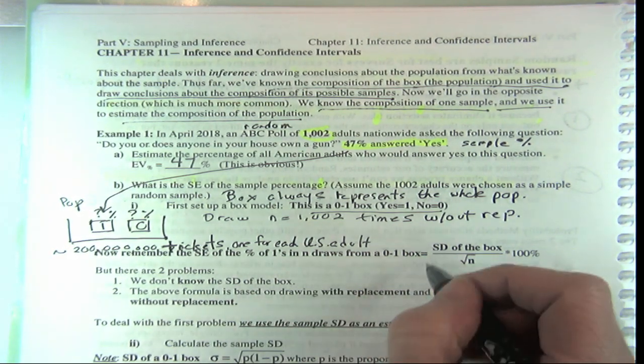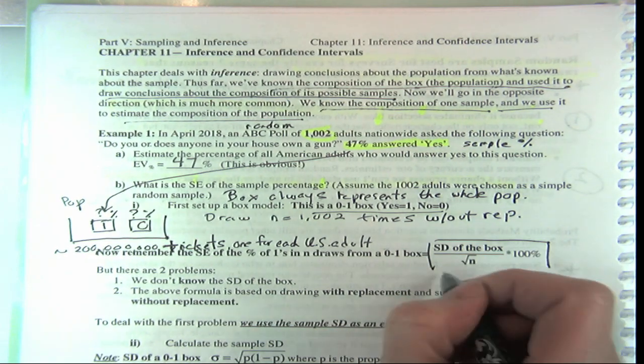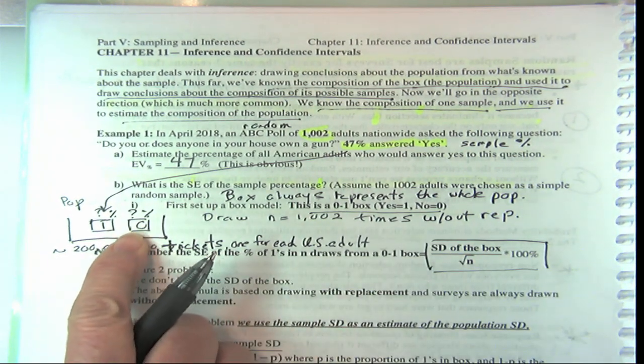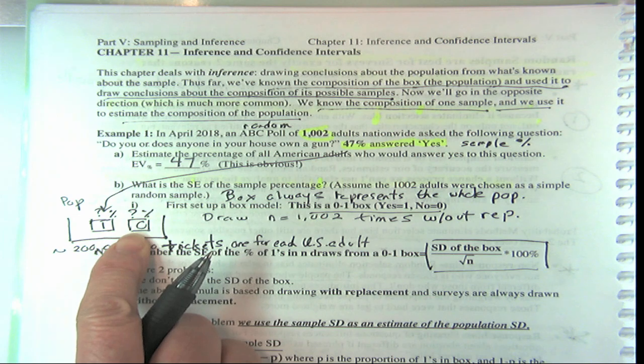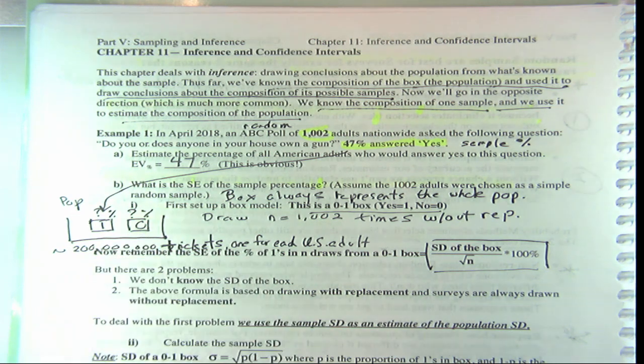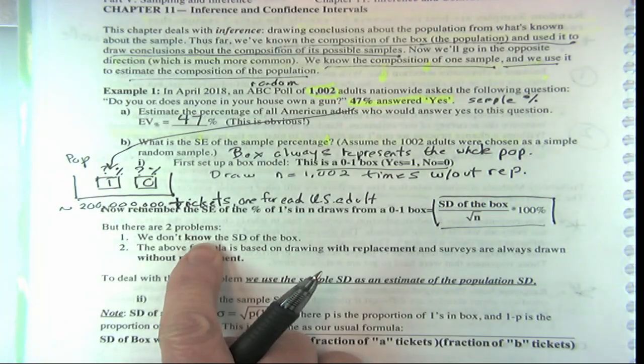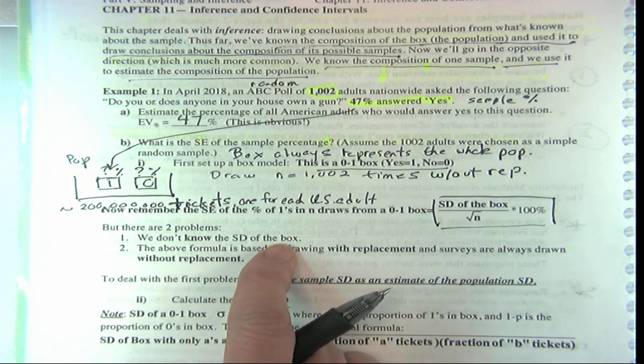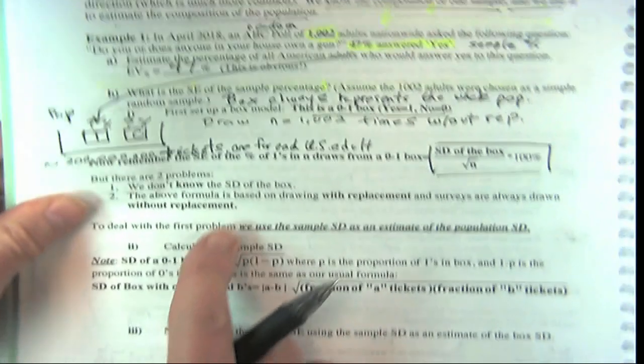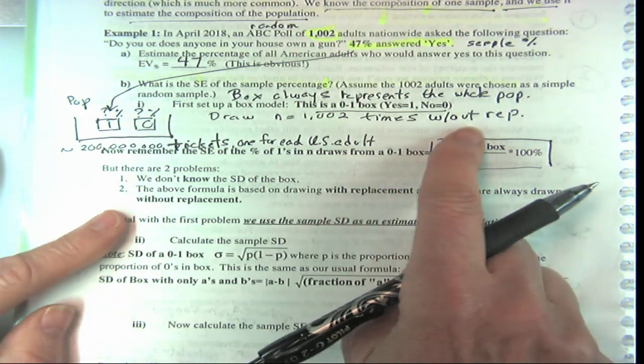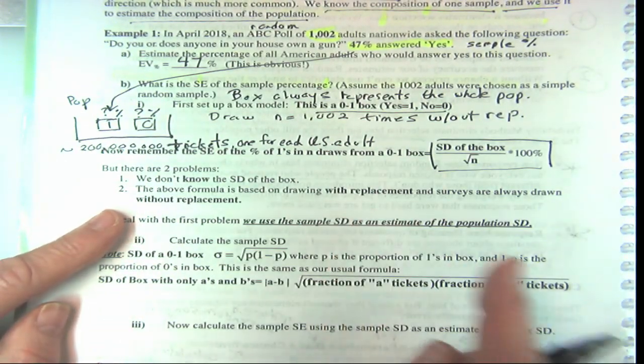Here, this is the formula we're going to be using. But we don't know the standard deviation of the box like we did before. That's our first problem. And the second problem is that we're drawing without replacement instead of with replacement.